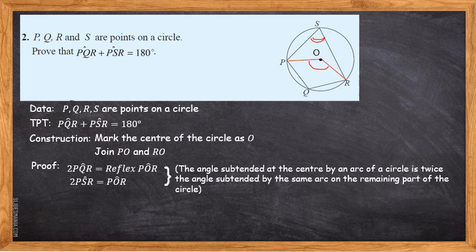Right. Then what I'm going to do is I'm going to add these two. Let's name these equations as 1 and 2. Then add these two equations. When you add these two equations, you get twice PQR plus twice PSR equals reflex POR plus POR.